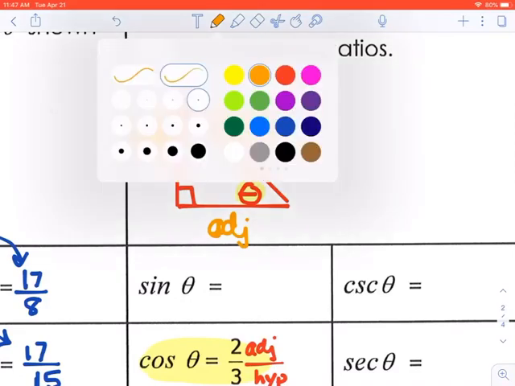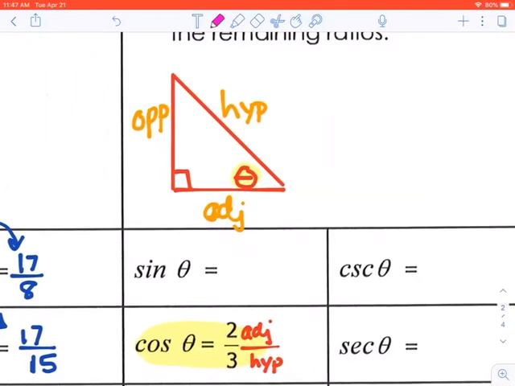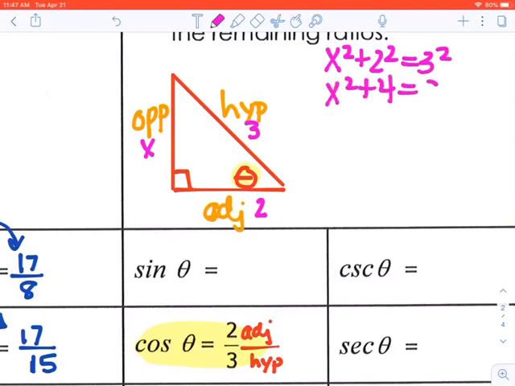So based on the fact that adjacent over hypotenuse is 2/3, what we're saying is the adjacent is 2 and the hypotenuse is 3 because the cosine is 2/3, okay? And so we need to find our opposite piece, x here, and we will use the Pythagorean theorem. x squared plus 2 squared is equal to 3 squared. x squared plus 4 is equal to 9.